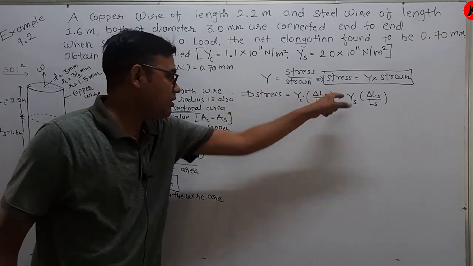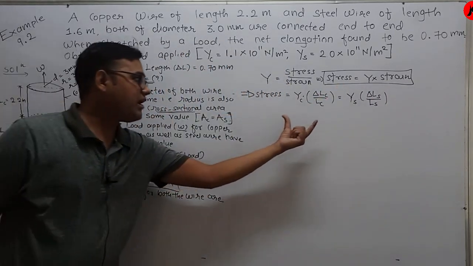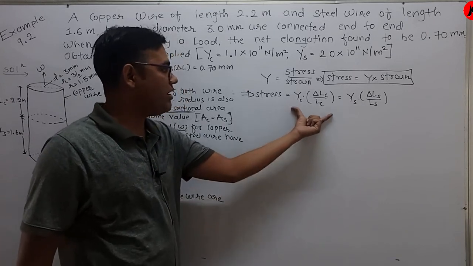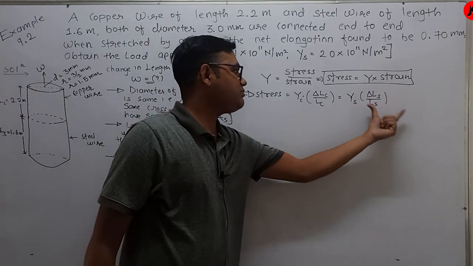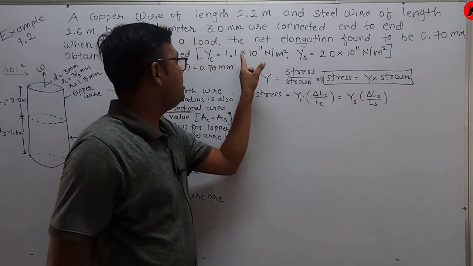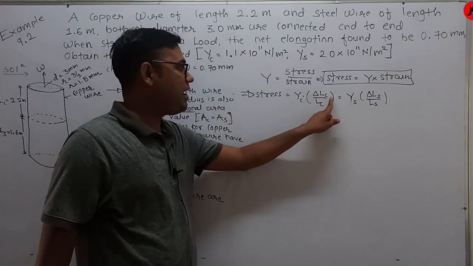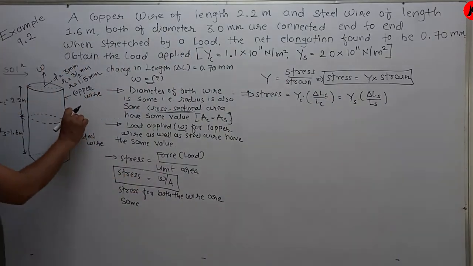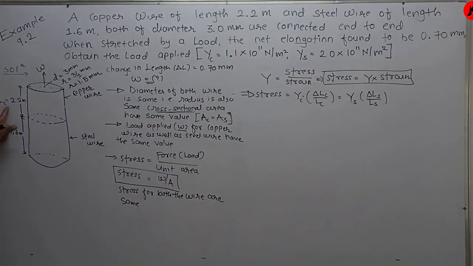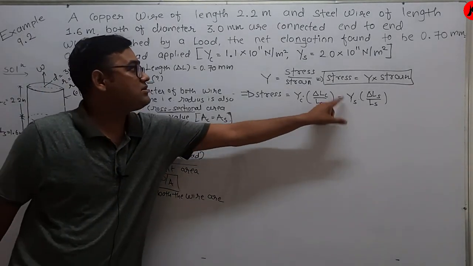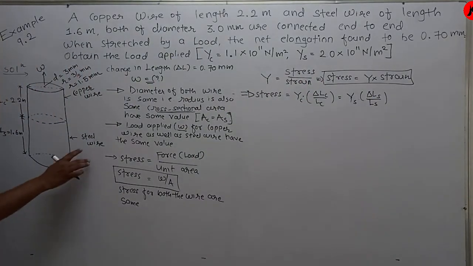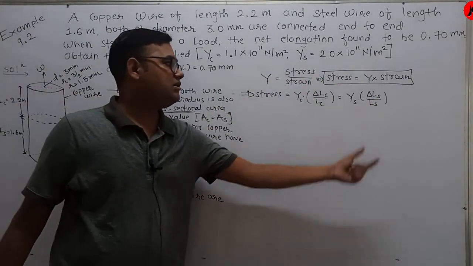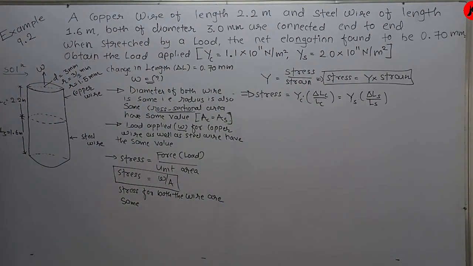Because stress for both the wires is same, so we can write this equation: stress equals YC into delta LC by LC equals YS into delta LS by LS, where YC is the Young modulus of copper wire, delta LC is the change in the length of copper wire, LC is the length of the copper wire. Similarly, YS is the Young modulus for steel wire, delta LS is the change in the length of steel wire, and LS is the length of steel wire, right?